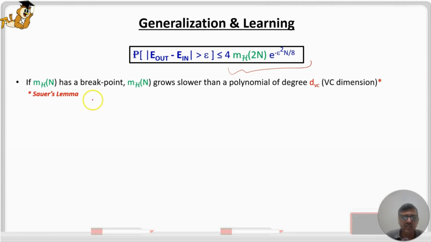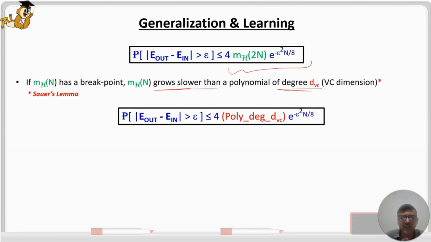But we saw this earlier. If your growth function has a breakpoint, it grows slower than a polynomial beyond that n, and that polynomial happens to be of degree d, where d is the VC dimension. We saw what the VC dimension is earlier.